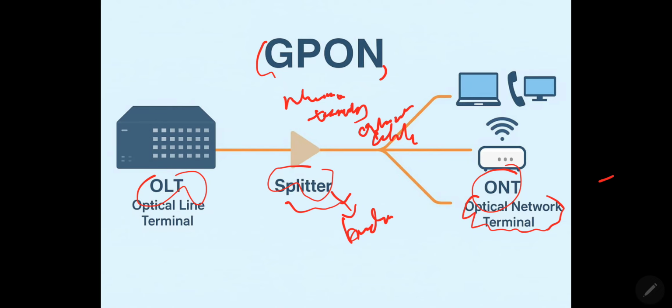Because GPON has a high speed and long distance. If you compare to ADSL or VDSL, coaxial cable, Ethernet, or Wi-Fi, GPON is the best.